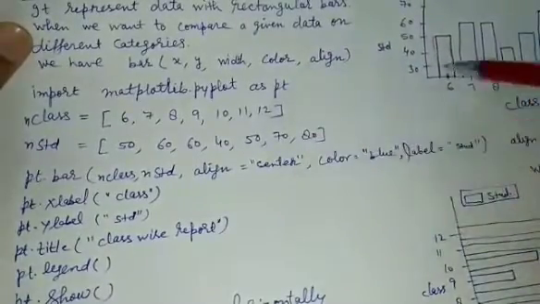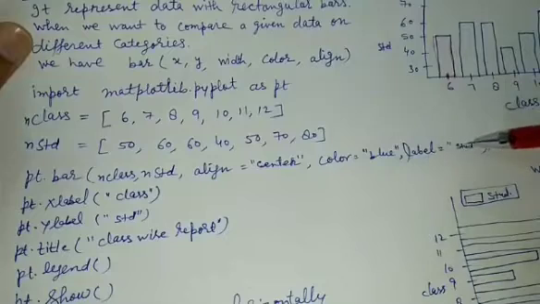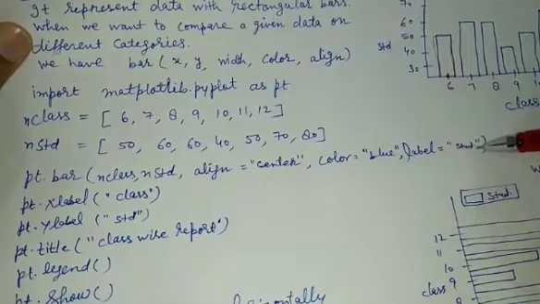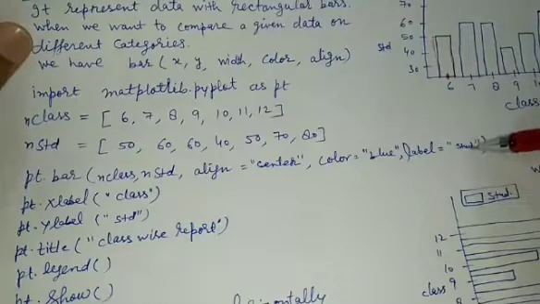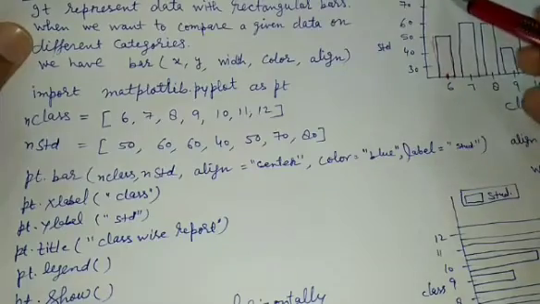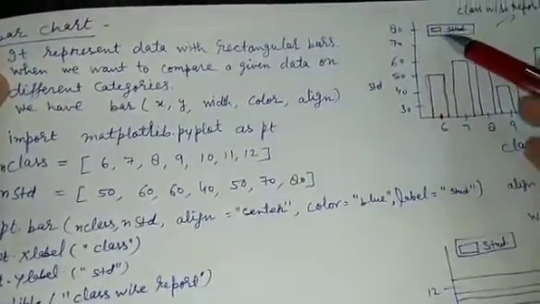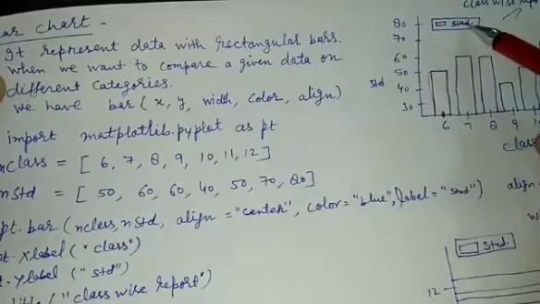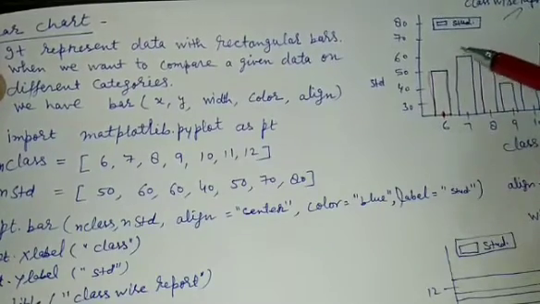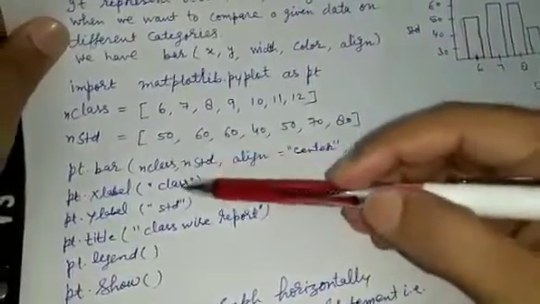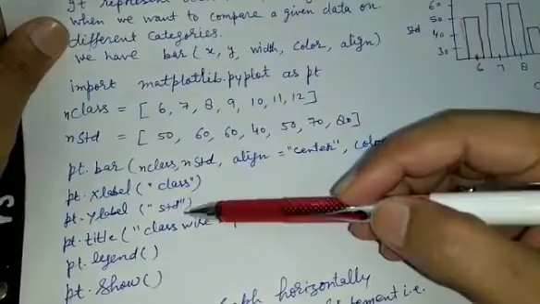Color is equal to blue, the color of the bar, and label is equal to student. So if you show the legend, then the legend will show that this bar represents students.